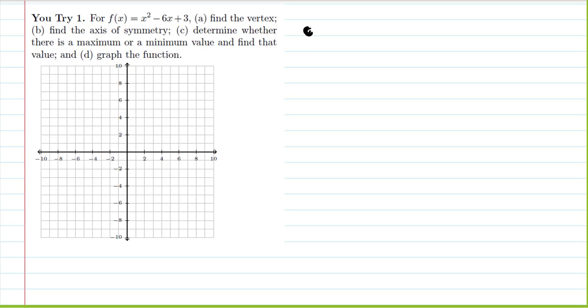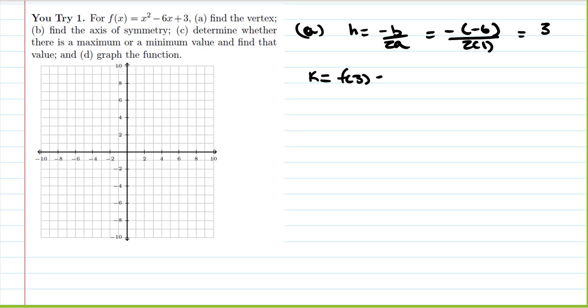So for A, we have our h is negative b over 2a. So that's going to be negative negative 6 over 2 times 1. So 6 divided by 2 gives us 3. To find our k value, we put our 3 in for x, and that gives us f of 3 is going to be 3 squared minus 6 times 3 plus 3.